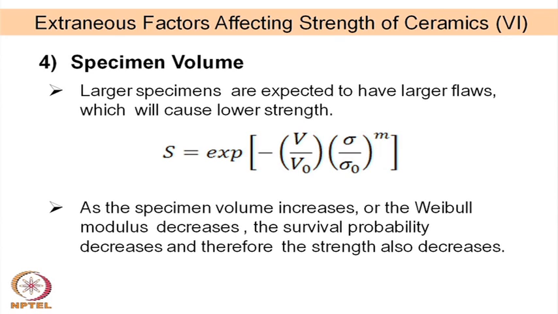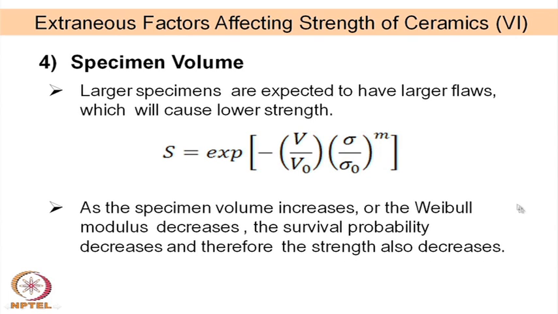So, this is an empirical equation you can write: S is exponential of V by V0, sigma by sigma0, again the similar expression to what we got in the Weibull modulus. This is basically the Weibull expression. As the specimen volume increases or the Weibull modulus decreases, the survival probability decreases, and therefore the strength also decreases.